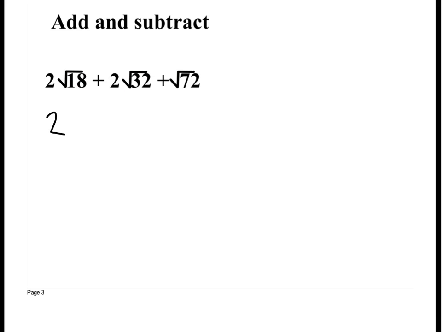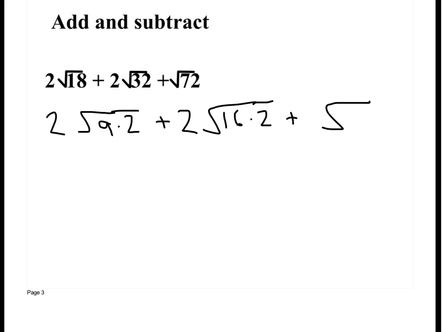Here, 2 square root of 18, I'm going to change square root of 18 into 9 and 2. And here, 2 square root of 32, I'm going to break that up into 16 and 2. And then 72, you could do 9 and 8, but I would rather do 36 and 2.